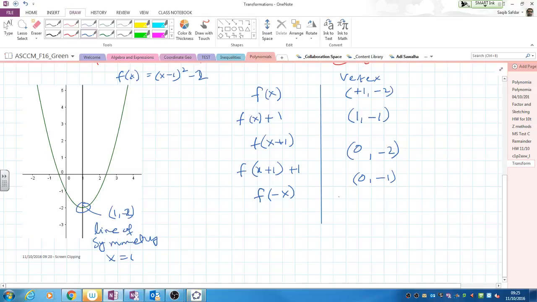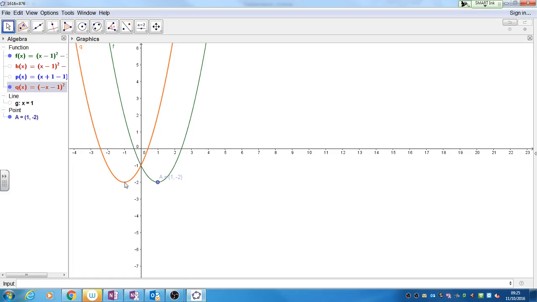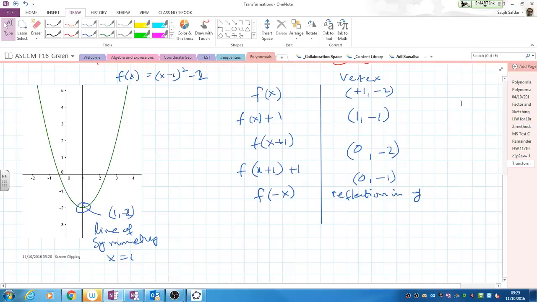I'll just put down reflection in y. And if 1, minus 2 gets reflected in y, which coordinate gets changed? What does it become? Minus 1, minus 2? Okay, so we therefore get minus 1, minus 2.